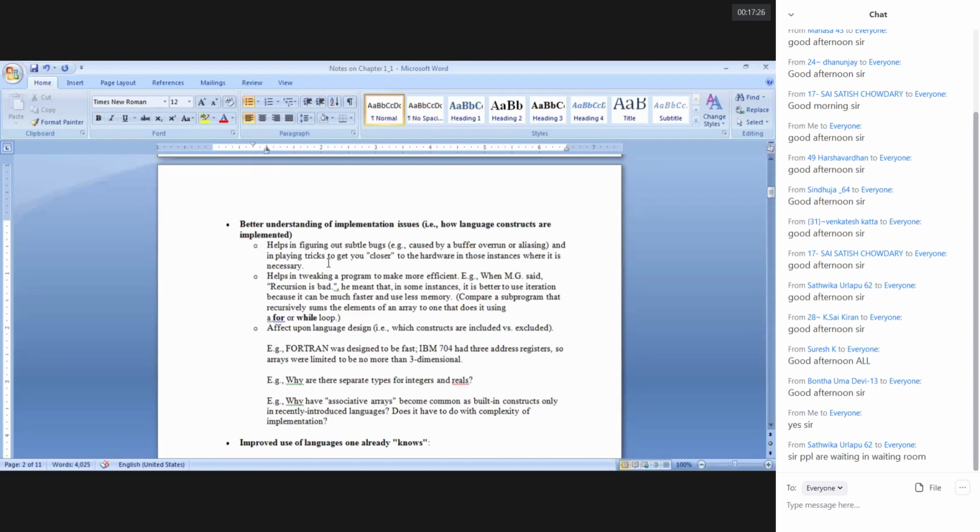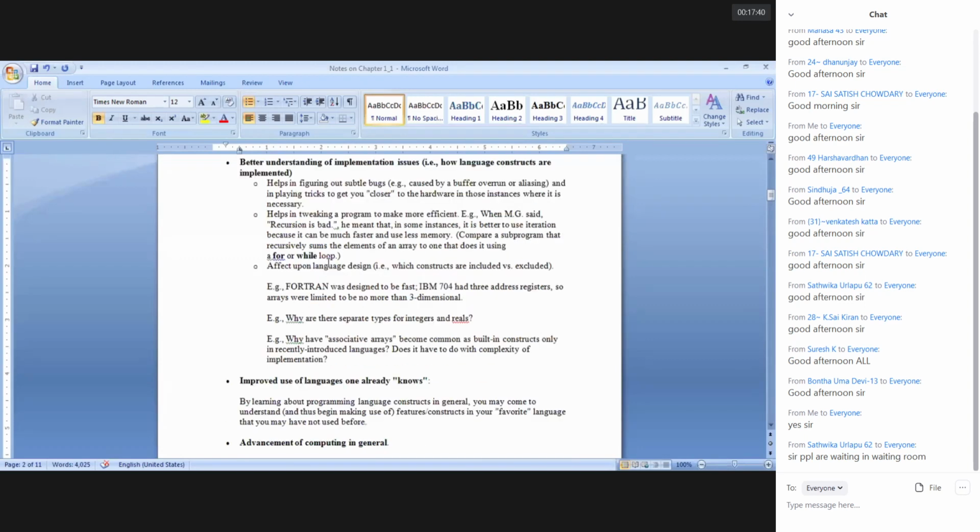Someone says recursion is bad, right? And someone says that based on the requirement, recursion is fine. If you don't want to use recursion, you can use loops. If you don't want to use loops, you can use recursion.